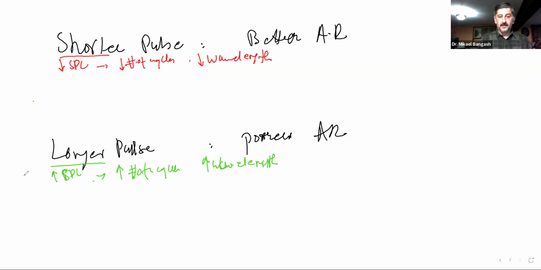Oh wait, that long pulse is going to give us a great numerical value of the axial resolution. This one is going to produce a shorter pulse, which means it will give us a lower numerical value of the axial resolution.